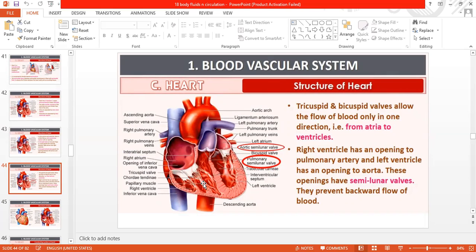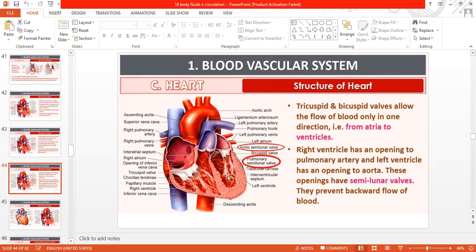In the same way, if we see the ventricles, the right ventricle opens into the pulmonary artery or the pulmonary trunk, and that opening is guarded by a valve known as the pulmonary semilunar valve.